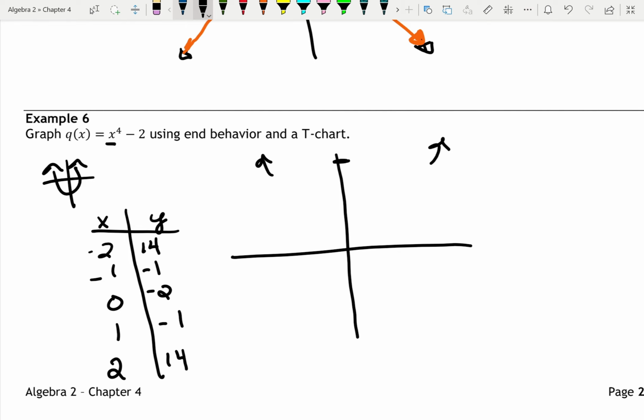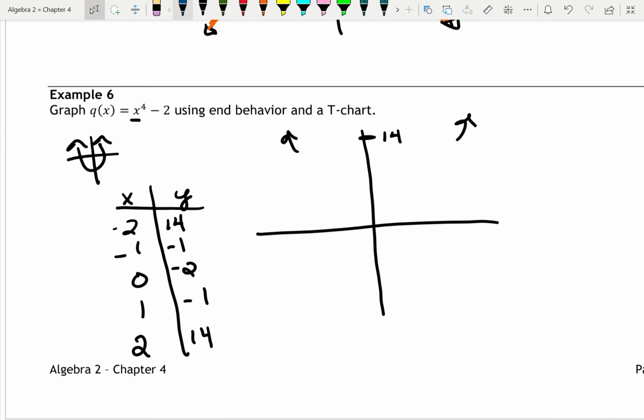So I'm just going to put a dot up here, and I'm going to say that it's 14 because I don't really want to have to count out 14 different spots. We have the points -2, 14, positive 2, 14, -1, -1, positive 1, -1, and then 0, -2.